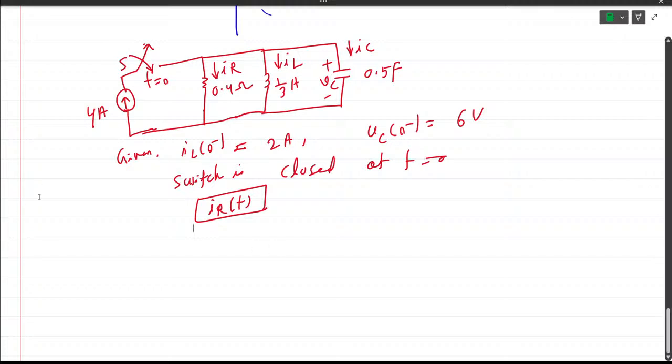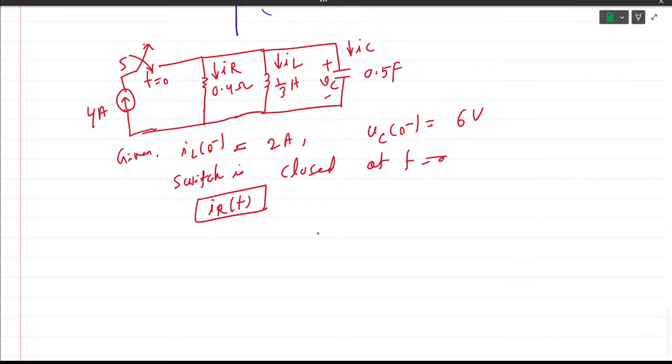So first of all, the initial value we need to find. Because we are interested in IR, the initial value of IR and the initial value of dIR upon dt. Why? Because we need to use it.